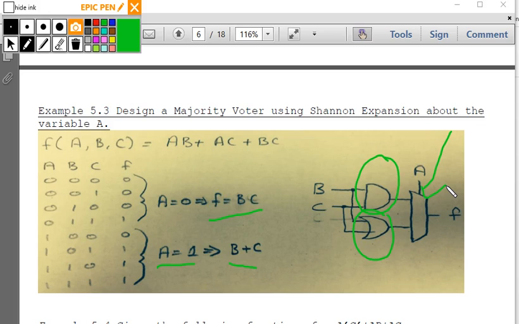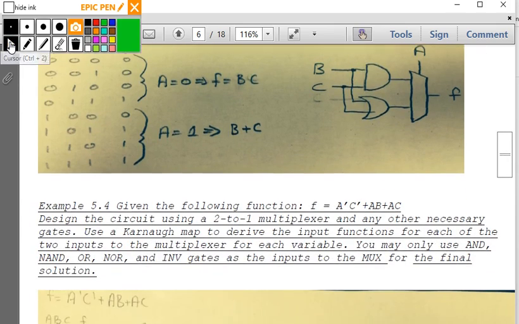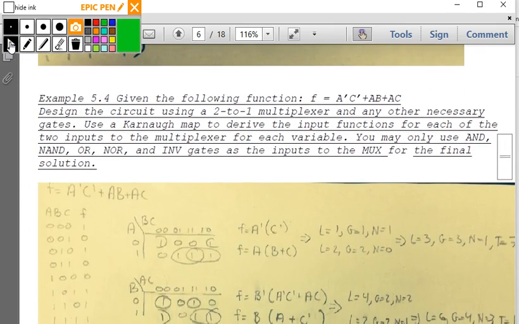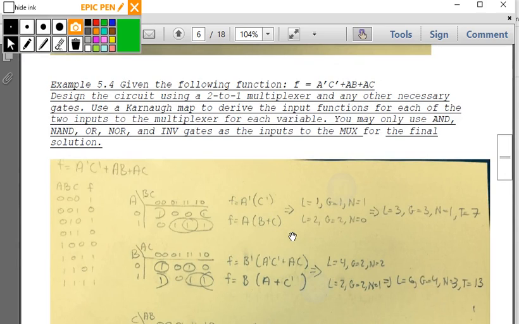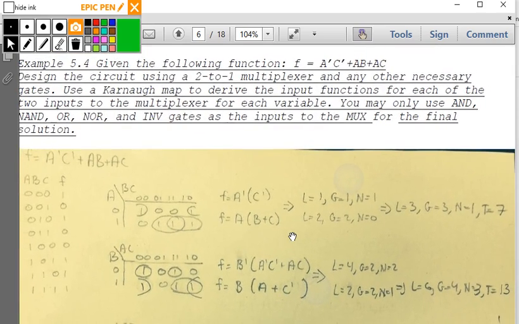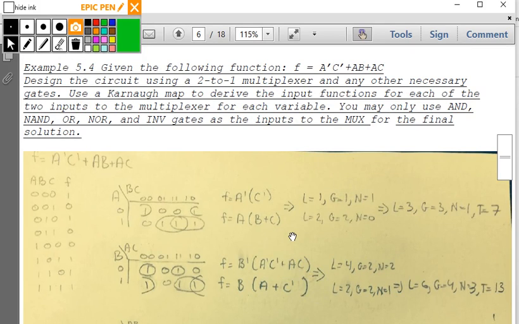And so I'm going to show you an example of 5.4, a more complicated example. So here, given the following function, A naught C naught, or AB, or AC.